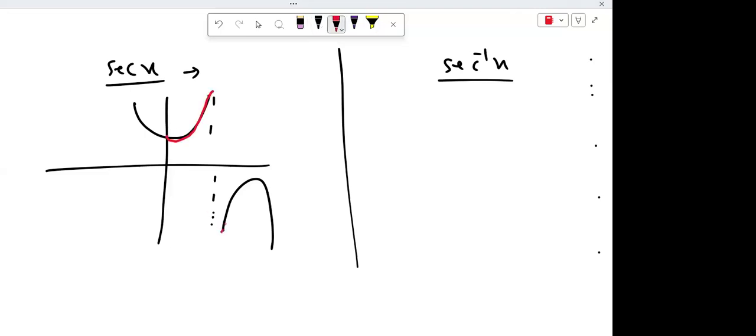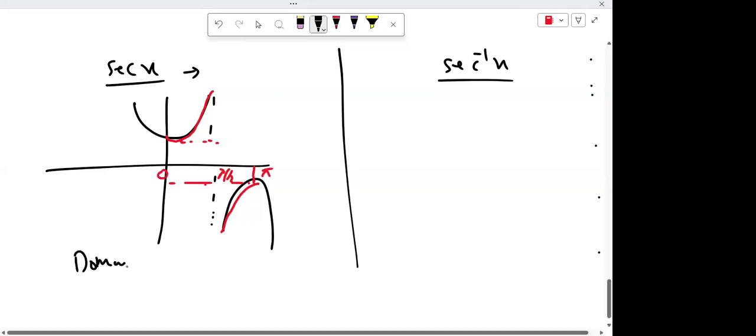Again, we have two portions. This value is pi by 2, this value is pi, so 0 to pi. The domain becomes minus 1 to 1 excluding pi by 2. It becomes infinite at pi by 2. And the range becomes R minus (minus 1 to 1).